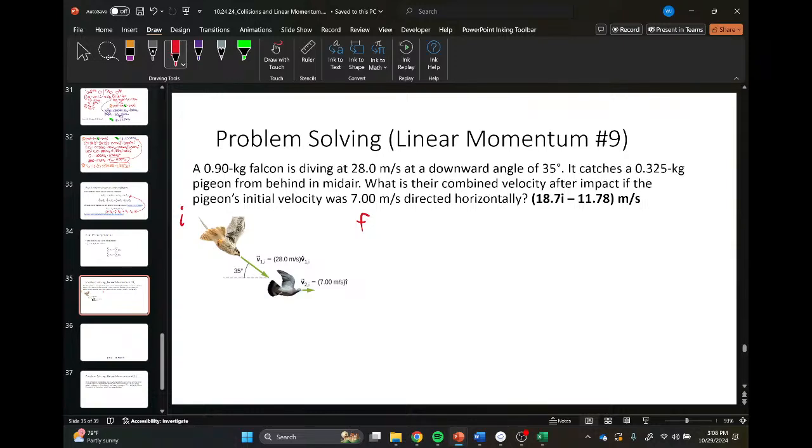If you can't draw a picture of what the beginning and the end looks like, the rest of the problem falls apart. If you don't know physically what's happening, and that's true of momentum and energy, you need to know what it looks like. You don't need to have all the details, but you need to have a scene in your head.